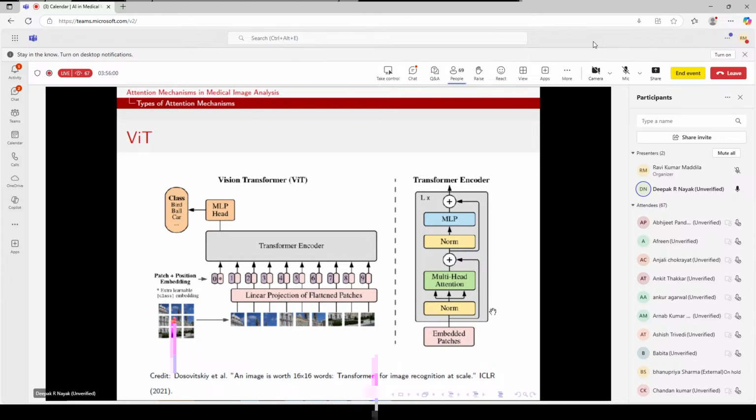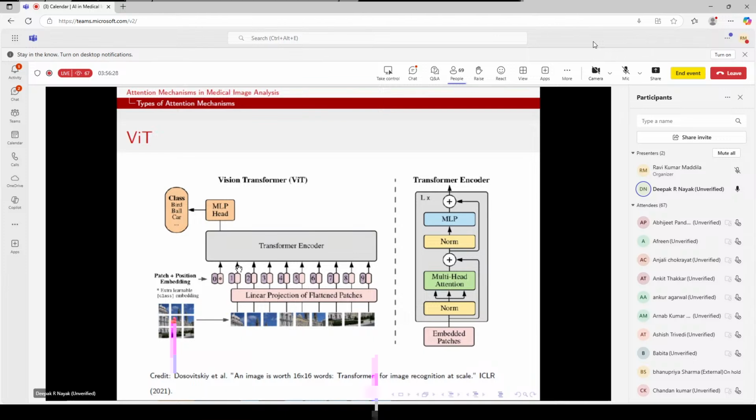Initially they had a goal to apply this transformer encoder over each of the pixels, but due to some memory constraints, they first divided the image into patches, and then applied linear projections, introducing something called a class embedding to preserve the class, and position embeddings, basically to preserve the positions.